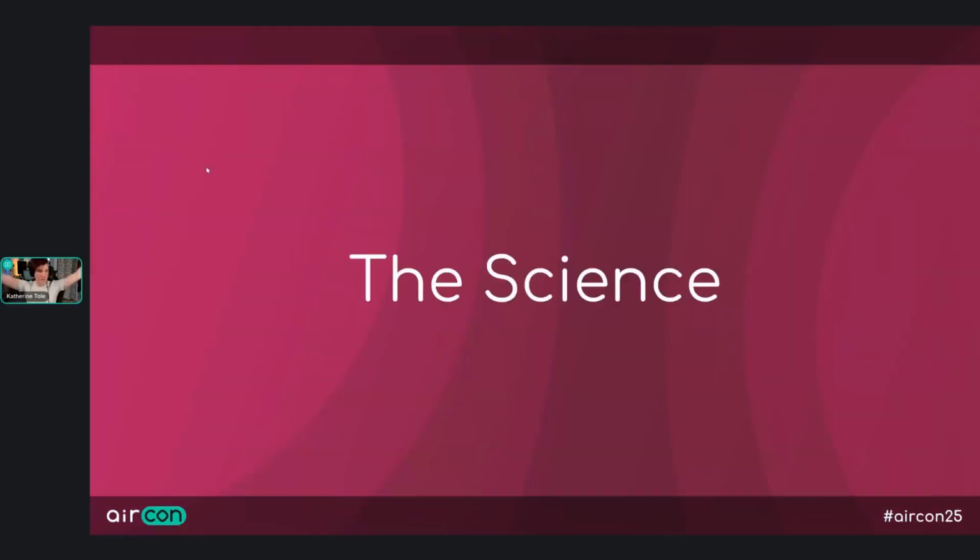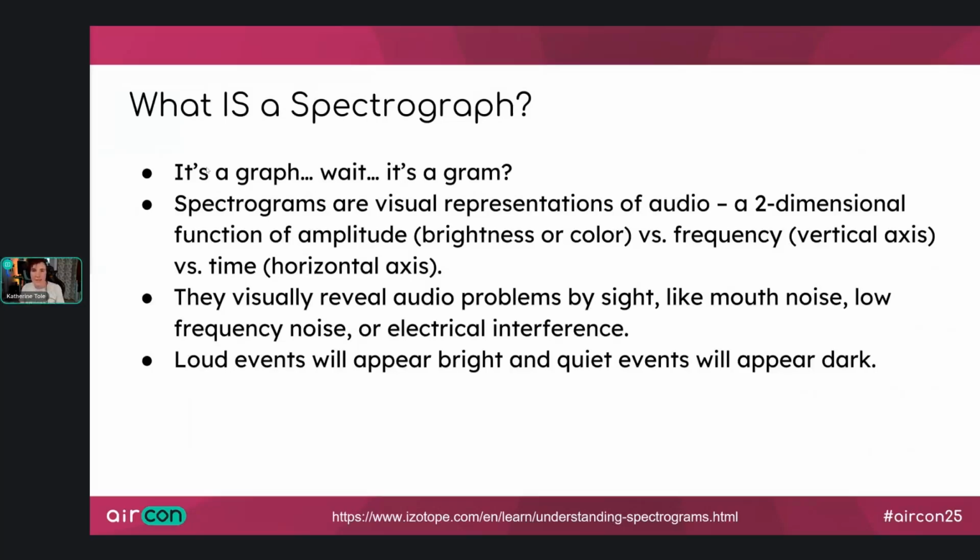So, the science. Here we go. Science time. What is a spectrograph? It's a graph. Wait, and then I realized when doing this that I am wrong. It's a spectrogram. So spectrograms are visual representations of audio.